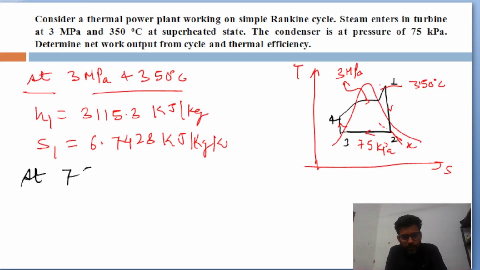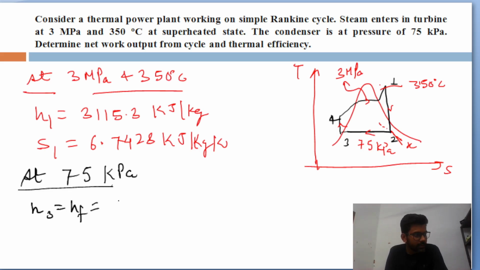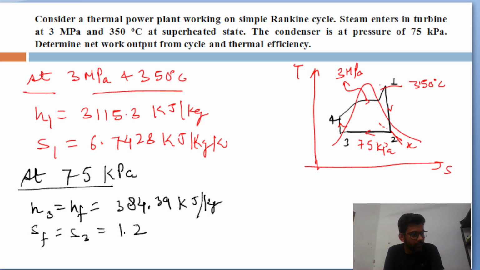Now properties at 75 kPa. So here H3 is equal to Hf, which is 384.39 kilojoule per kg, and Sf is equal to S3, which is 1.2130 kilojoule per kg Kelvin.